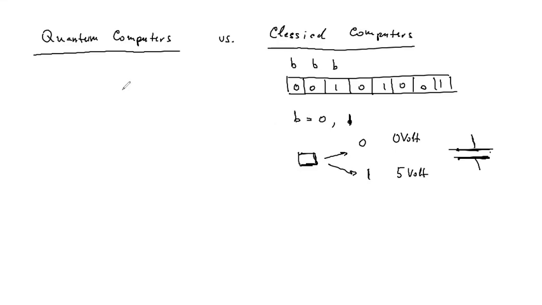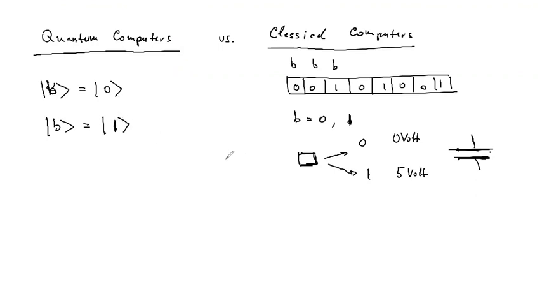In quantum computers, your quantum mechanical bit can be in a state which you interpret as 0. Your quantum mechanical bit can also be in a state which you interpret as 1.